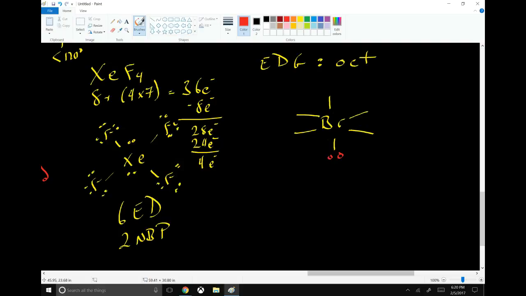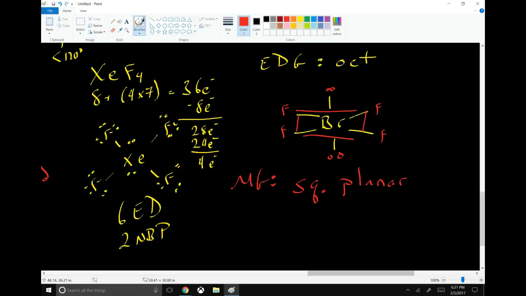The non-bonding pairs are super duper huge. They're going to get as far away from one another as possible. So boom. Goes on the opposite side, leaving us with fluorines at the 4 equatorial corners and making just a nice flat square or square planar molecular geometry.